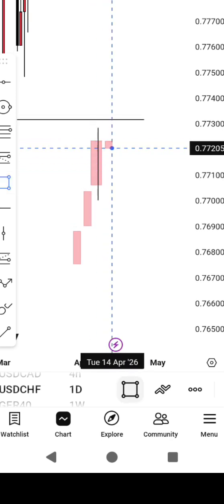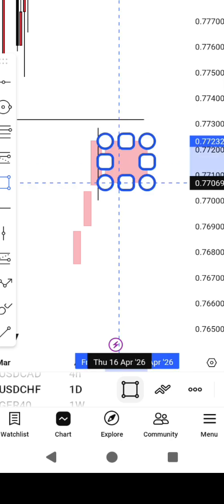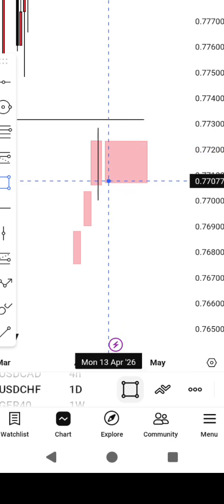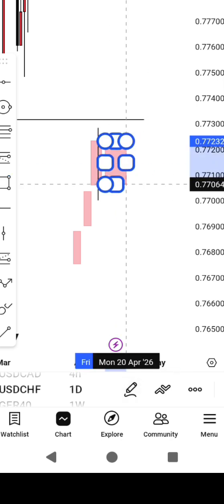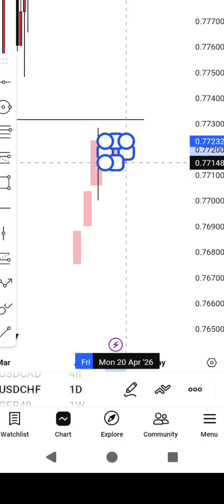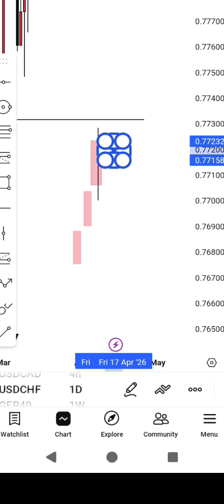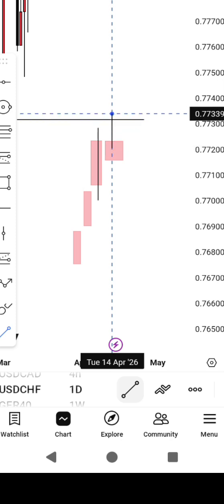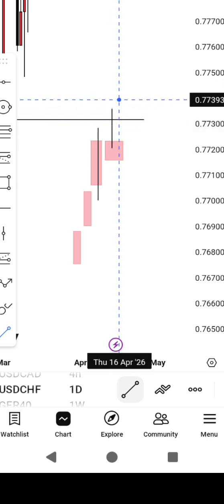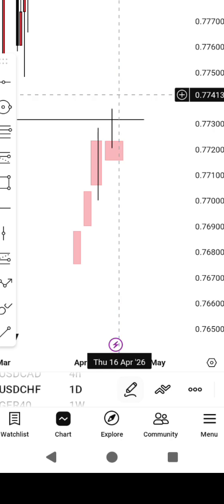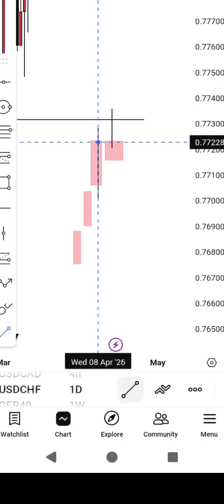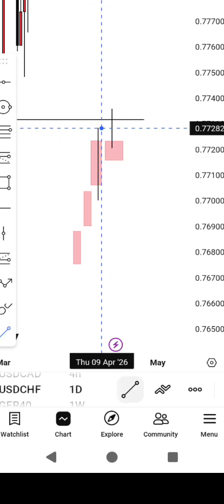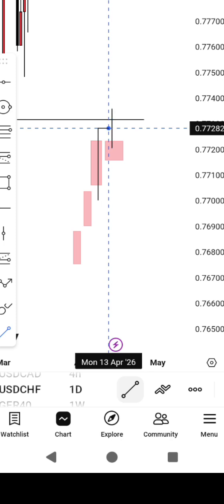Opens, right? Sweeps the high of that candle and taps into the key level, right? And closes what? Within the range.